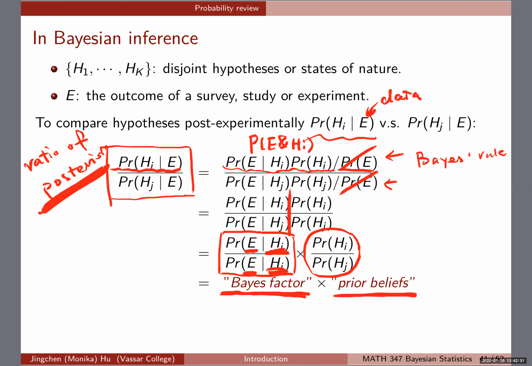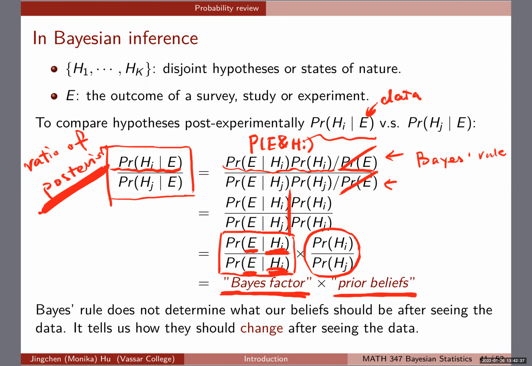We will build a model for it so we're able to compute it as well. So the takeaway is that Bayes rule itself, of course, tells us what the posterior distribution or probability should be, but if you start to compare across different hypotheses, what Bayes rule does tell us is how we should change our belief, comparing two hypotheses, after seeing the data. Okay?